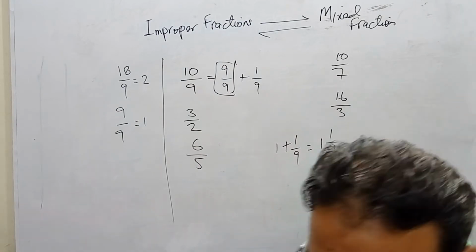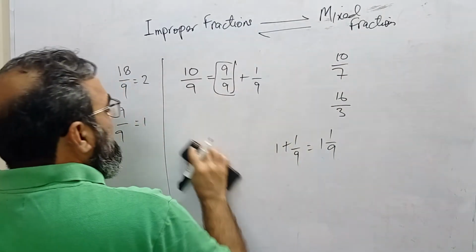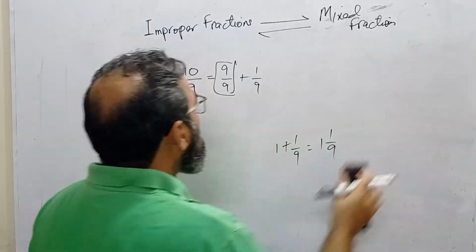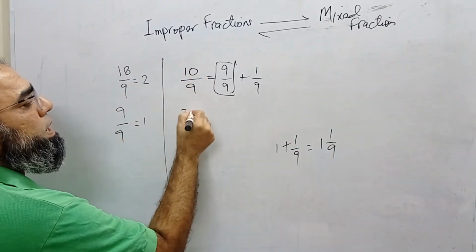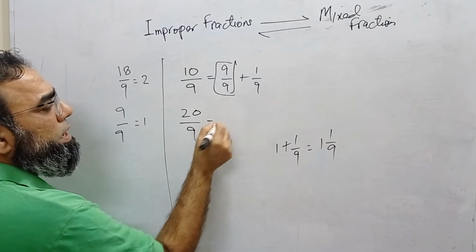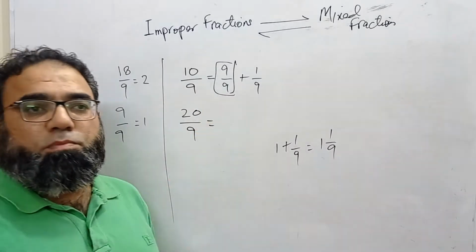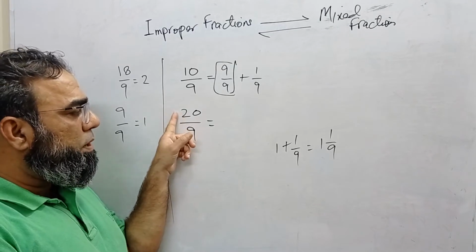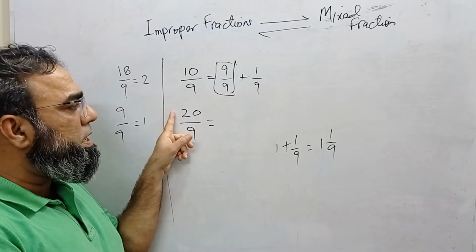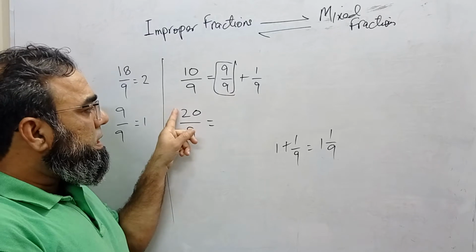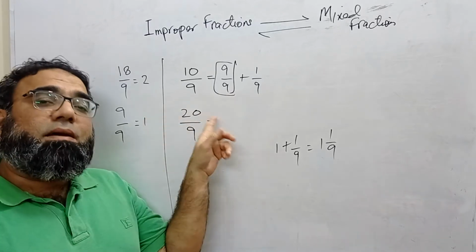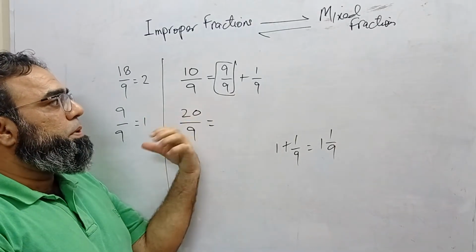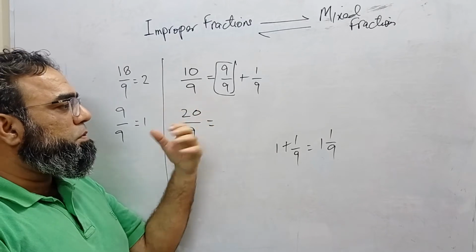Now let me erase this and give you a bit more detail. Suppose this was 20 over 9, then how could you convert that into its mixed fraction? This time when you say 9 1 times is 9, 9 2 times is 18, 9 3 times is 27, this is going beyond that 20, so that means I have to stay up to 2.